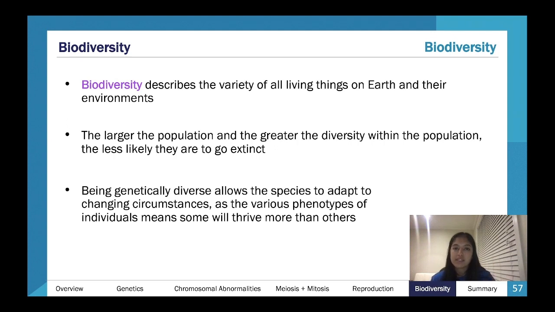And the main thing from this is that the species is more likely to survive. Because again, with a large population, you've got large numbers there. So if you've got something that's going to wipe a lot of organisms out, you're kind of safe.